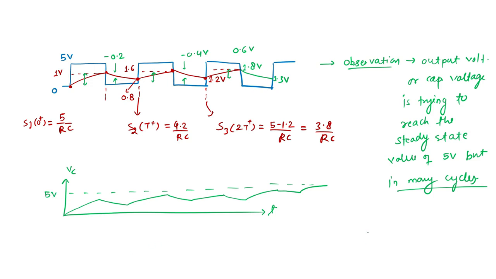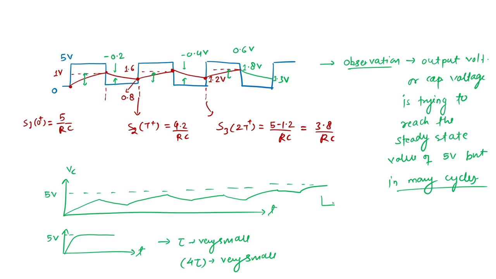So instead of directly reaching 5 volt in a short span of time, in the case we have seen where the charging time was very small, it was reaching 5 volt very early. But here it will reach 5 volt, but it will take a lot of time periods. Here tau is very small, so 4 tau is small, because they consider 4 tau for settling time.